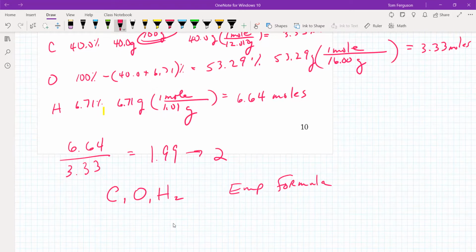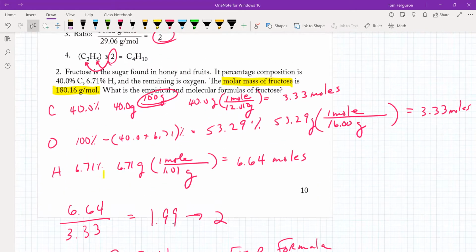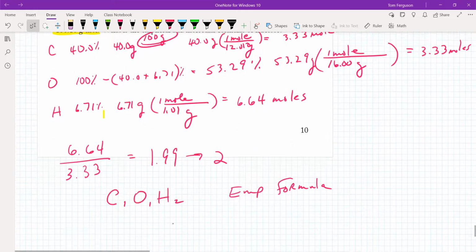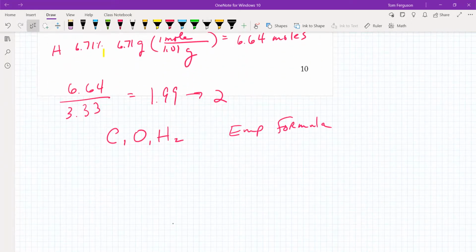Okay, now we were given the molar mass of the whole thing up here at 180.16. So now we're going to divide the empirical formula molar mass into the molar mass of the whole thing and see what ratio we get. Okay, so what is the molar mass of the empirical formula? Okay, that's going to be 12.01, 16, 1.01.